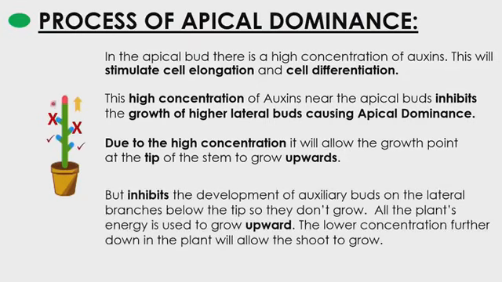And as I've mentioned earlier, because there's a low concentration in this area here at the bottom, that auxin will no longer inhibit these lateral branches, and they will be able to grow sideways. So as a result of the top ones not growing and the bottom ones being allowed to grow, we will eventually have that triangular shape within our plant.